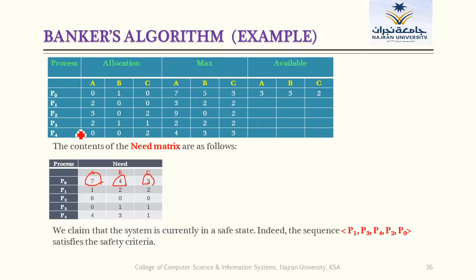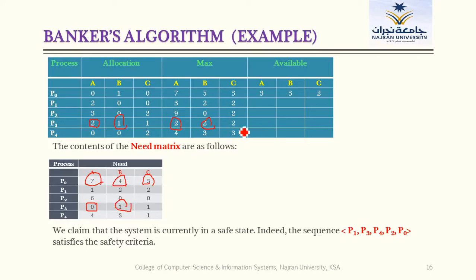So if we check P3, for P3 the maximum A instances he needs is 2 and currently allocated is also 2, so 2 minus 2 will be 0. And for B, he needs a maximum of 2 instances of resource type B, currently allocated, if you see here, 1, so 2 minus 1, he needs 1 more.